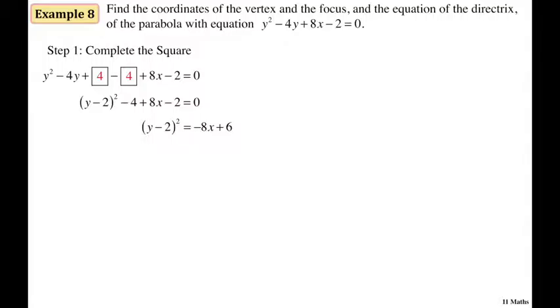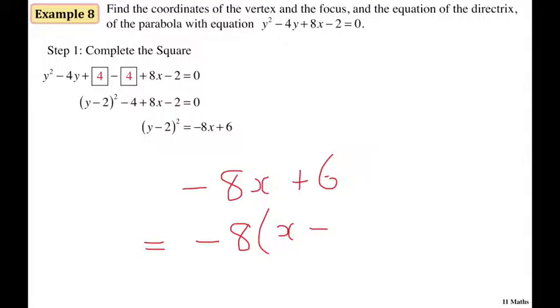Now, if I have this, which I do, I need to take out a common factor of minus 8 so that I end up with x. Now I know that I need a minus here because minus 8 times a minus gives me the plus I'm looking for.